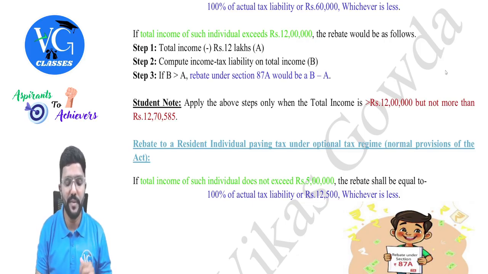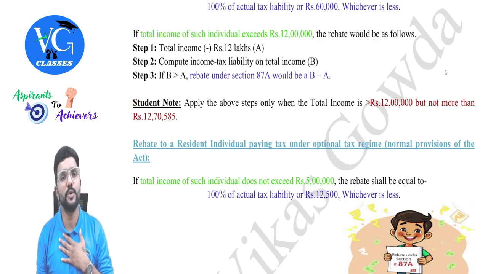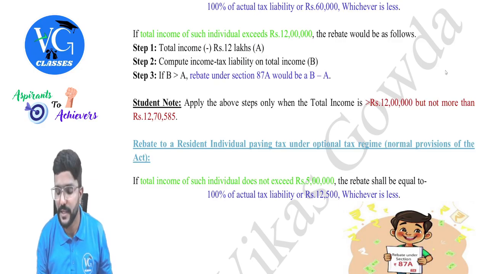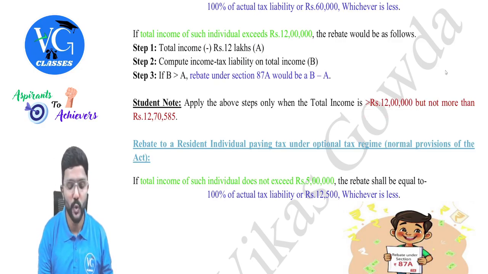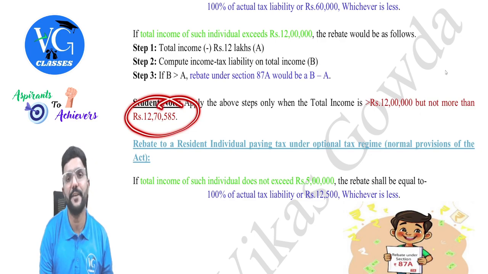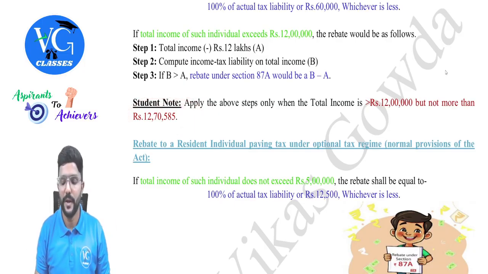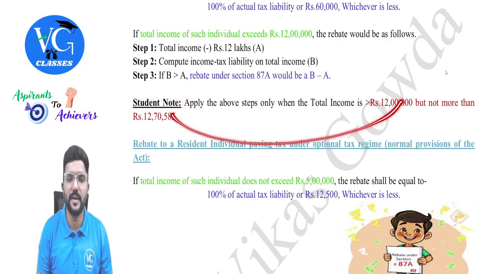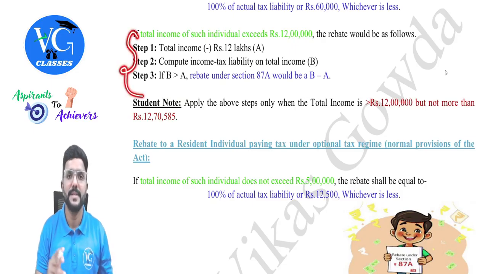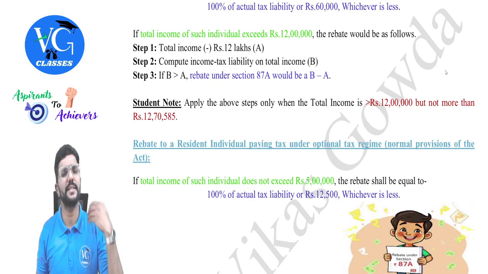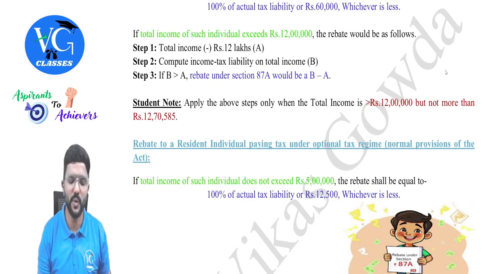Apply these steps only when the total income of a resident individual following the default regime is more than 12 lakh but up to 12 lakh 70,585. Try to remember this figure, or at least 12 lakh 70,000. Sir, what if it is more than 12 lakh 70,000, for example 13, 14, 15 lakh? Then no need to apply this.